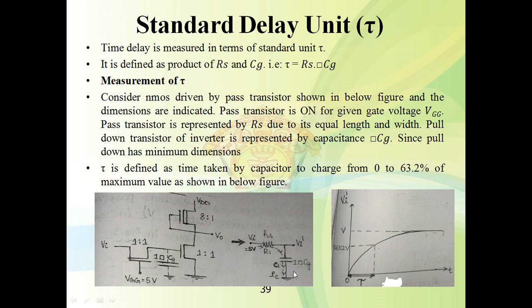So 1 tau is the time required to charge the 1 square Cg capacitance through the resistance Rs to 63.2% of the supplied voltage.